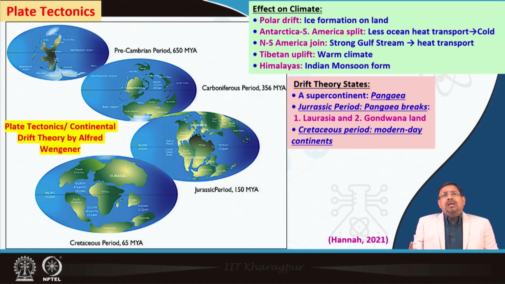And the uplift of the Tibetan plateau has given a cold climate, and the formation of the Himalaya because of this plate tectonics, the collision of our Gondwana with the other plate, has given a broader large scale weather pattern in terms of the monsoon.